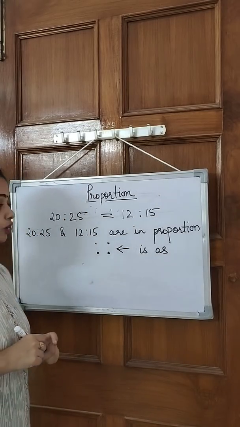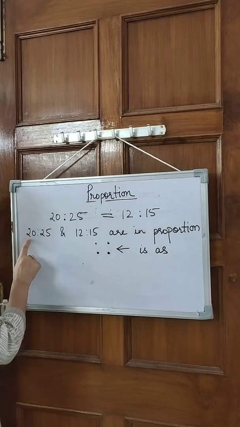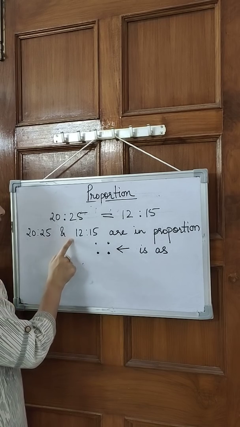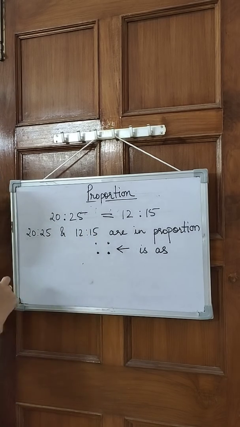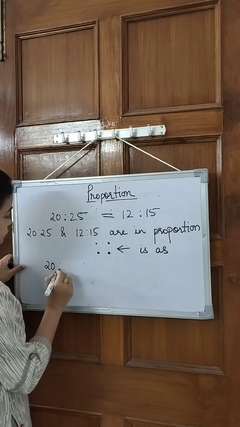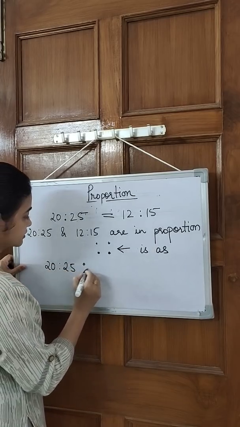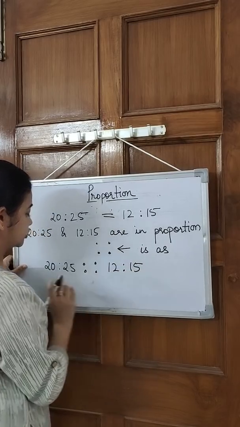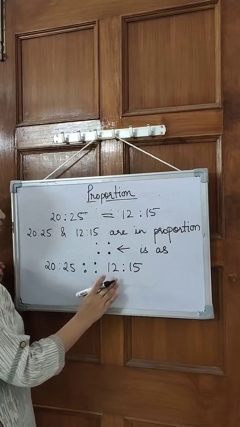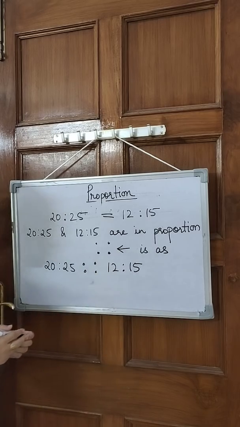Okay. So we can say that 20 is to 25 is as 12 is to 15. Yes. So 20 is to 25 is as 12 is to 15. Or you can say 20 is to 25 is in proportion with 12 is to 15.